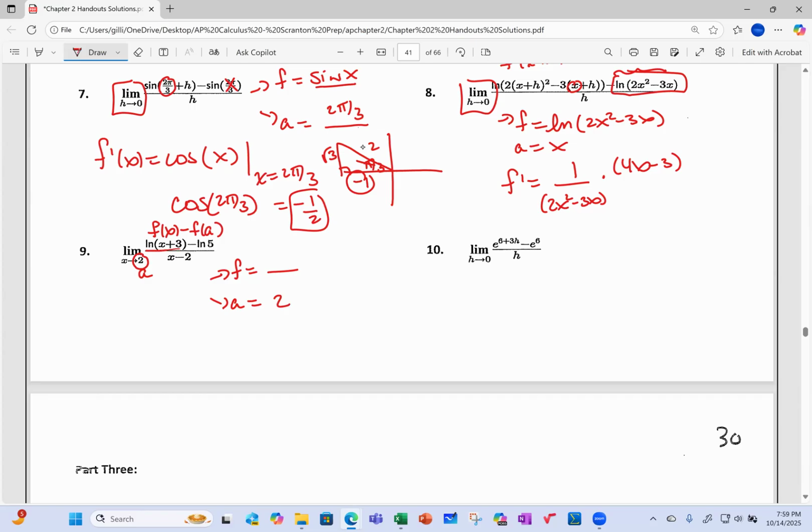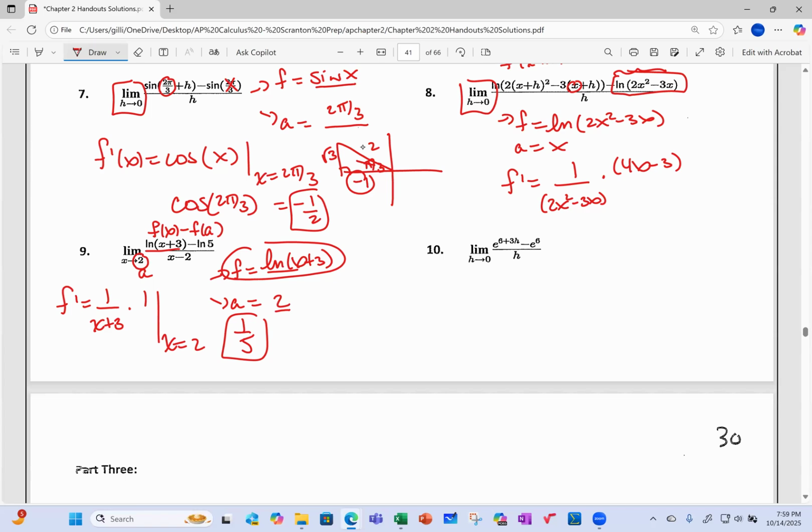So the function is the natural log of x plus 3, and the a is 2 because when I sub in 2 for x, I get the natural log of 5. But I need to take the derivative of this function. And what is that derivative? 1 over the inside times derivative of the inside and x equals 2. So what's my answer? 1/5.